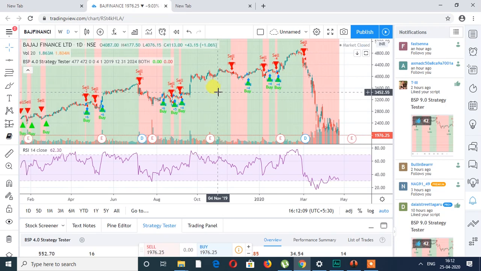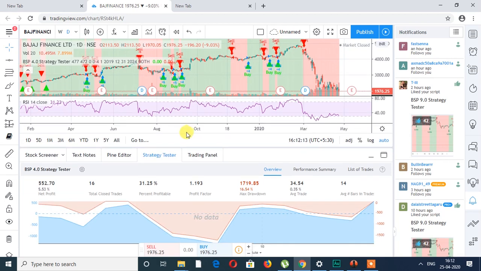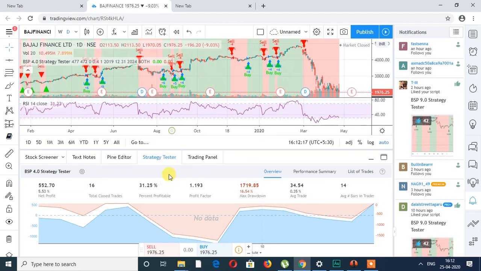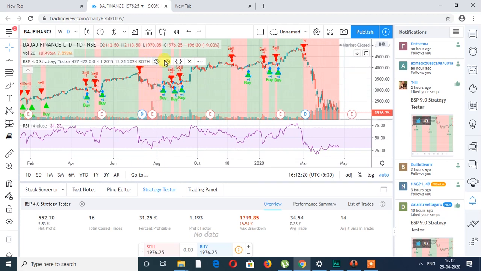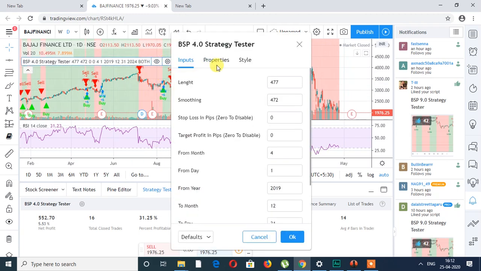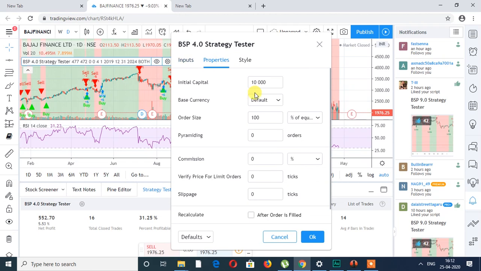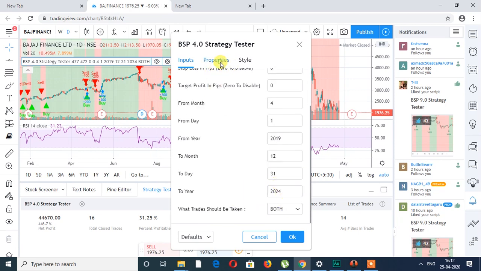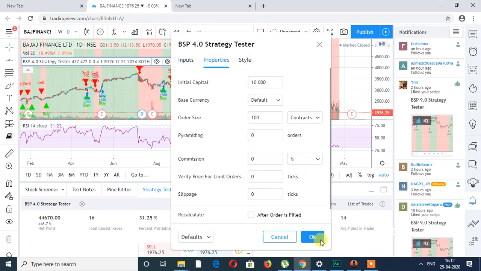To check whether this method of Blue Sky Plus is profitable or not, I go to the strategy tester. I scroll here, and to test the strategy I take some 100 shares. I go to settings, then properties, and take around 100 shares, and I take the backtesting from April 4, 2019 to the current date.